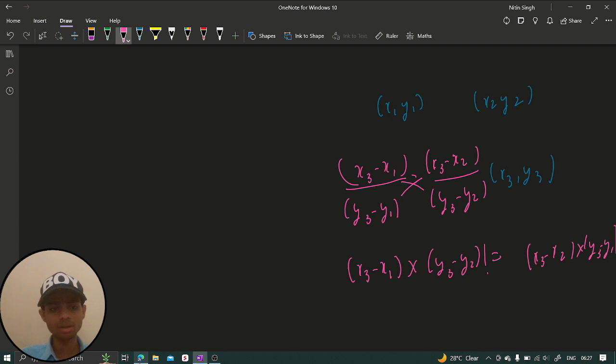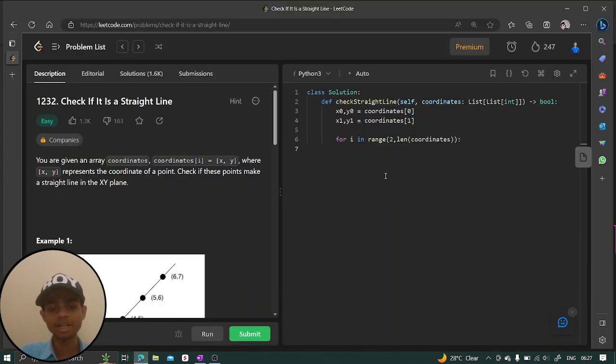So now let's move to the problem statement. First of all, we find x3, which is the coordinates of i, so x3 and y3, or let's do current x and current y.